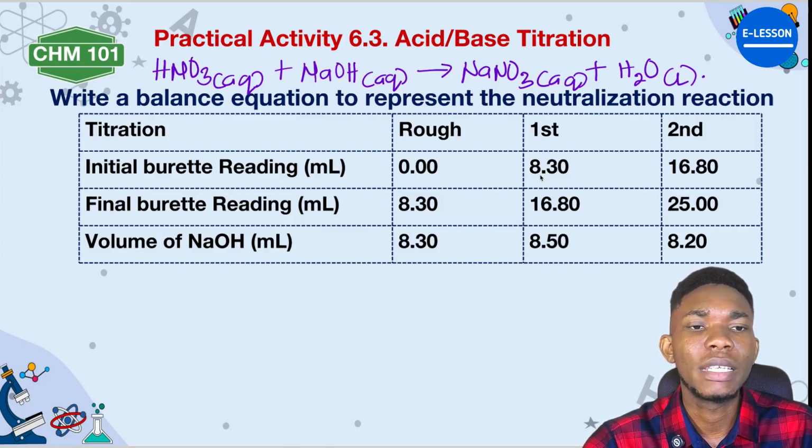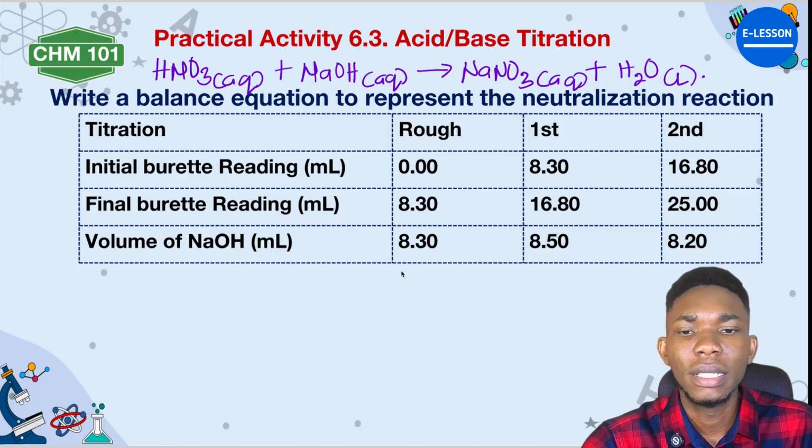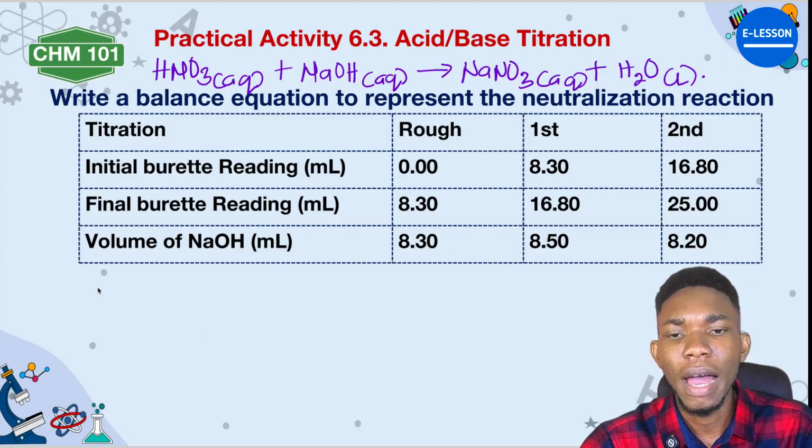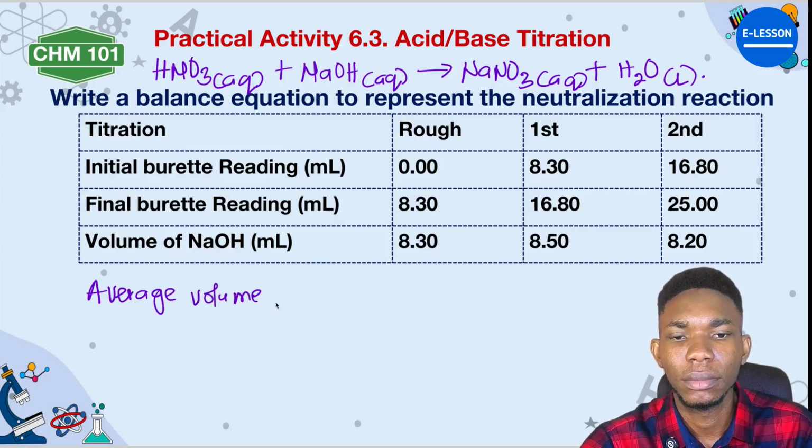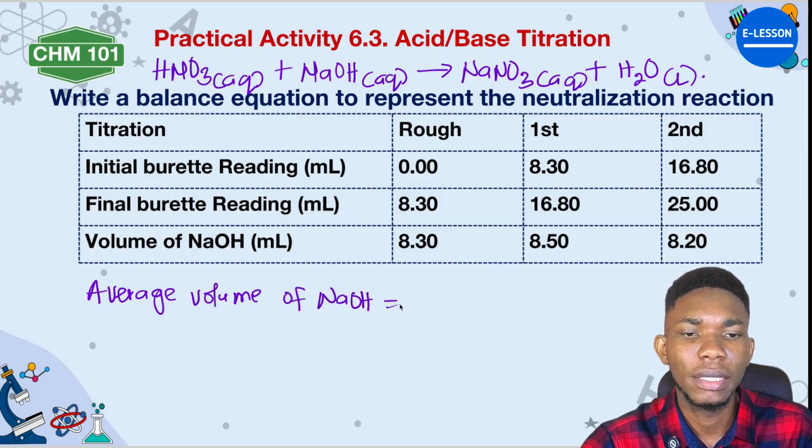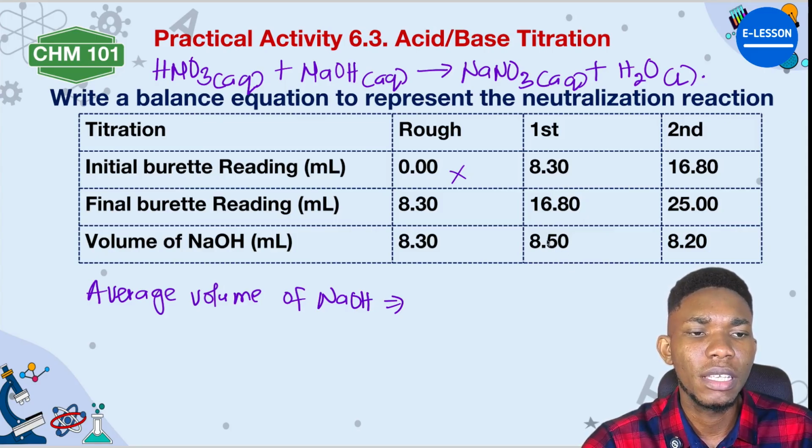The question says write a balanced equation. Okay, we've done that. The next thing is to calculate the average volume of sodium hydroxide. Like I said, you don't take the rough. You take only the first titer and the second titer. Subtract initial from final and you get the volume used, which in this case is 8.50.